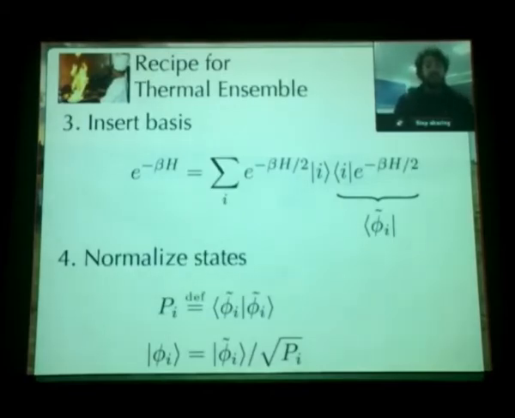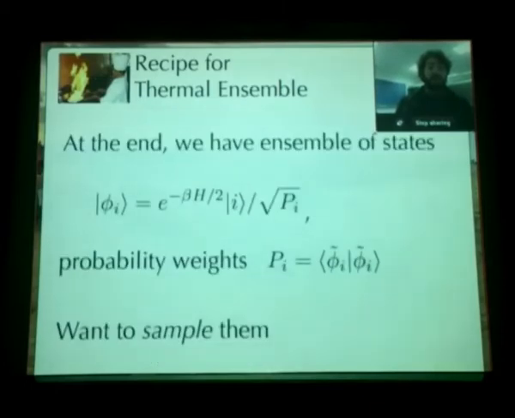But the thing is, you have to normalize the states. The states don't have to be orthogonal to each other, but they do have to be normalized. And normalizing actually gives you what these weights pi are. So at the end, you normalize the states, e to the minus beta H over 2 applied to your basis states I. Once you normalize them, that gives you pi.